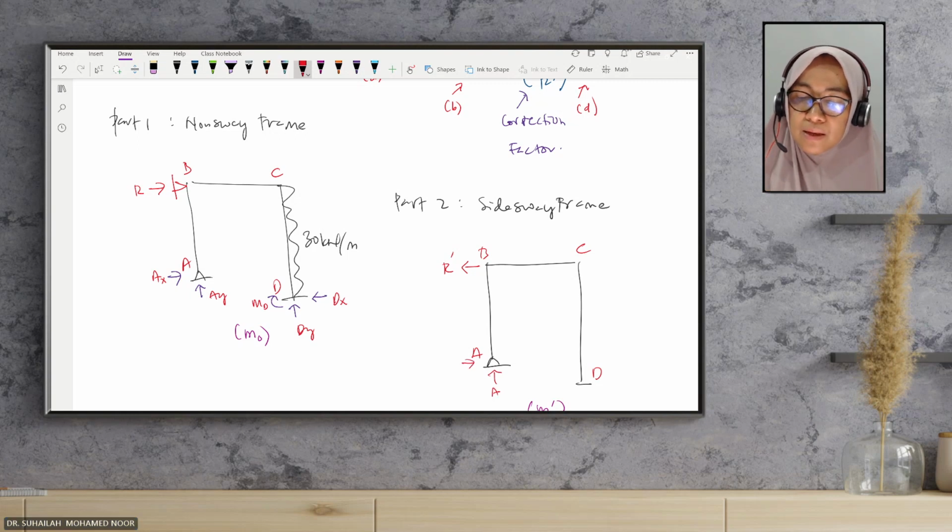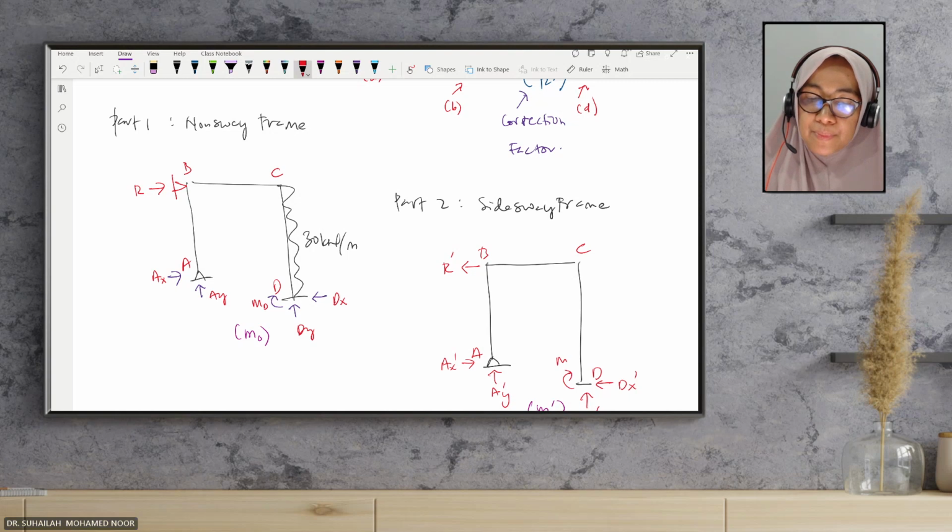So we have to complete also the sidesway frame with AX prime, AY prime, DY prime, DX prime and MD prime. So these are the two diagram frames.